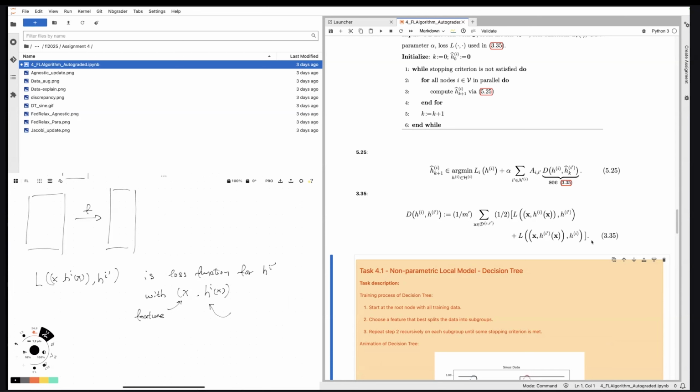And this h_i is the prediction from its neighbors. So with this dataset, we use this dataset on h_i', and it can measure the distance between h_i and h_i'.